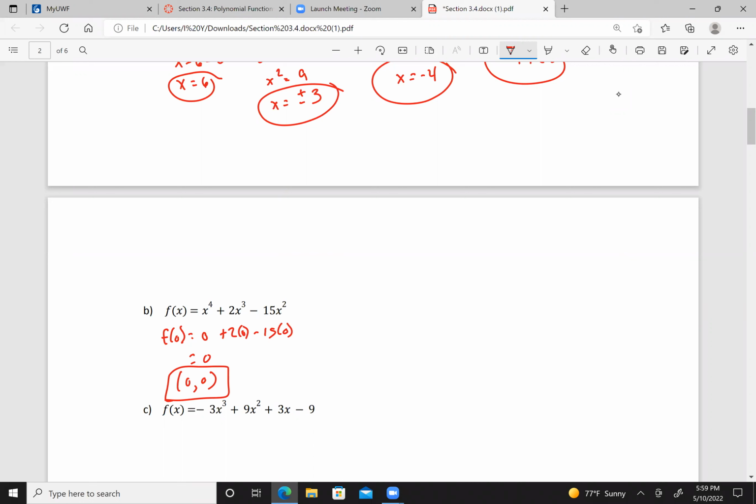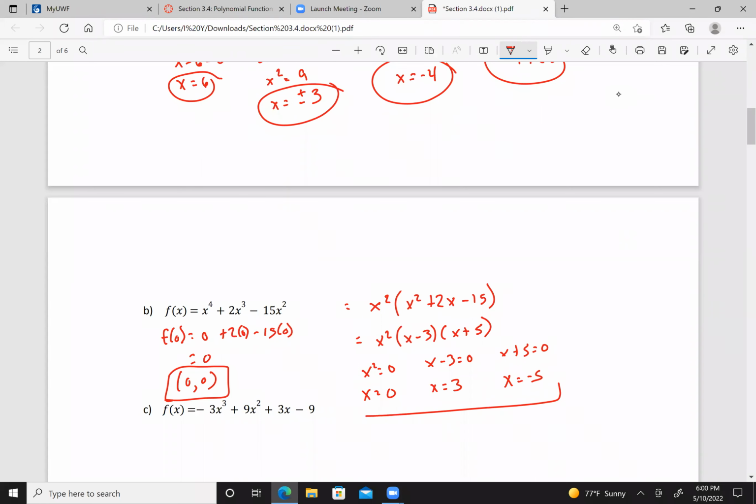Now, to find the x-intercepts, we can factor this. I can factor out an x squared and get x squared times x squared plus 2x minus 15, which can be factored as x minus 3 times x plus 5, which tells me that x squared equals 0, x equals 0, x minus 3 equals 0, x equals 3, and x plus 5 equals 0, x equals negative 5.